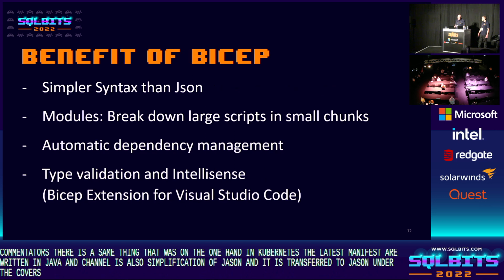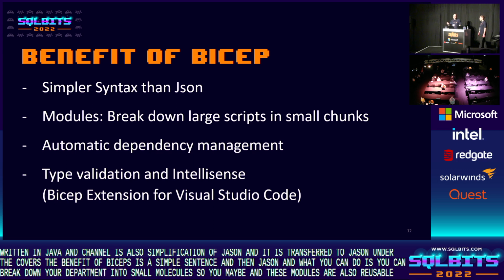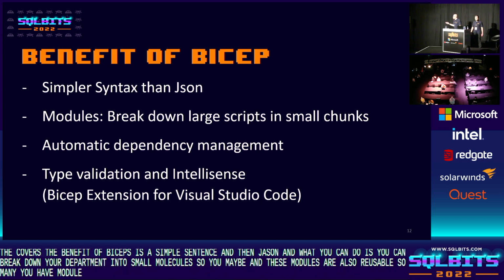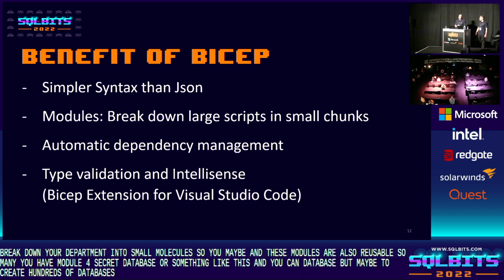So the benefit of Bicep is a simpler syntax than JSON, and you can break down your deployment into small modules. These modules are also reusable. So maybe you have a module for a SQL database or something like this, and you can reuse it not only to create one SQL database, but maybe to create 100 SQL databases, for example, with the exact same module.